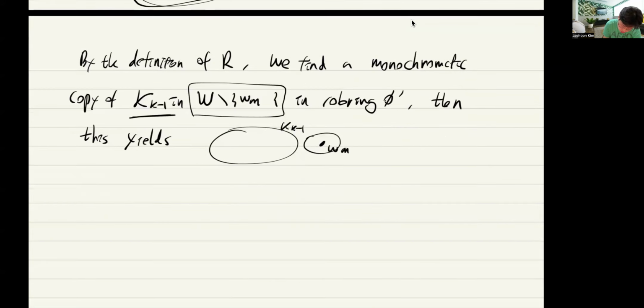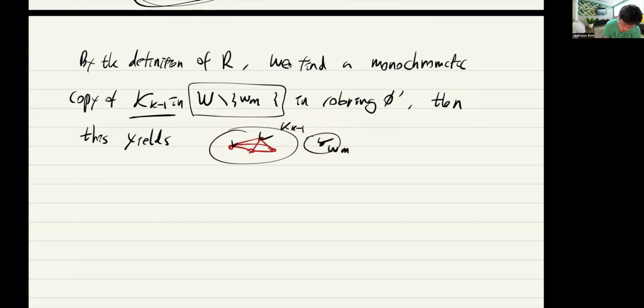Then what do we know? This is the last one. So if these are all the same color, then any triple, any three things you choose, they form a monochromatic hyperedge.